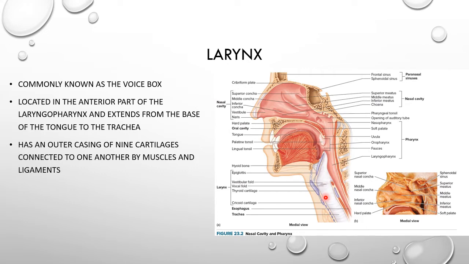Okay? We'll try to cough it out because it's not supposed to go there. Okay? So your larynx has an outer casing of 9 cartilages connected to one another by muscles and ligaments. Okay? So meron kang cartilage. Okay? It actually maintains the structure of your larynx, no? Para hindi siya mag-collapse.